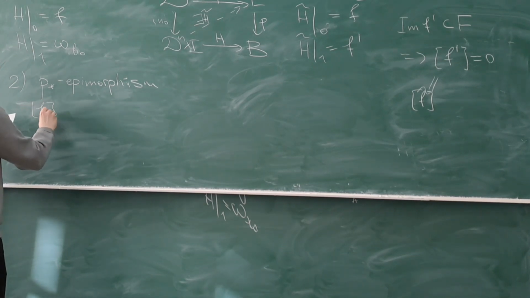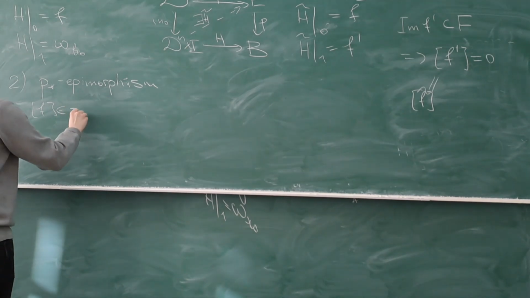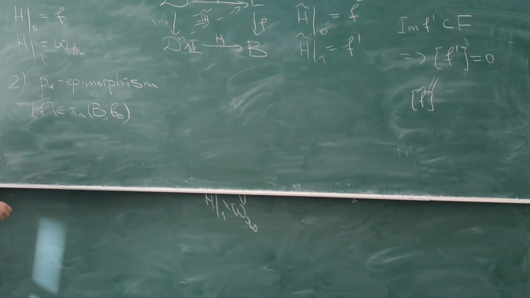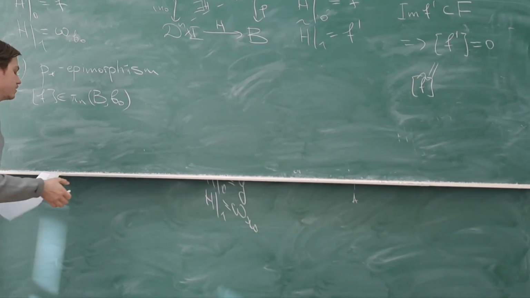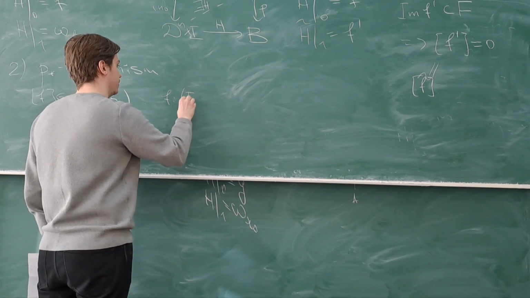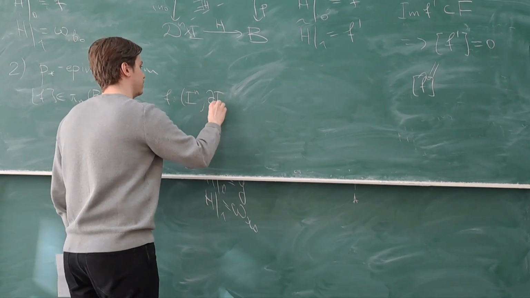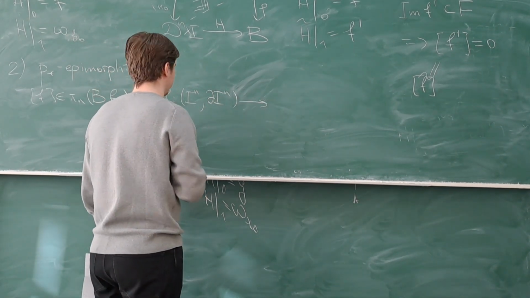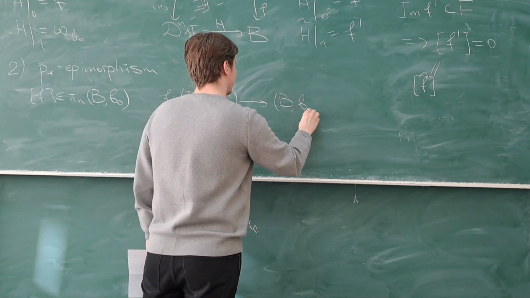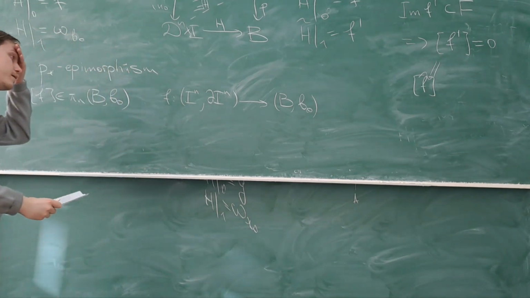Let me look at some element in the homotopy group of the base space, and it's represented by a spheroid. Here it's better to write everything on the cube level, a spheroid like that.